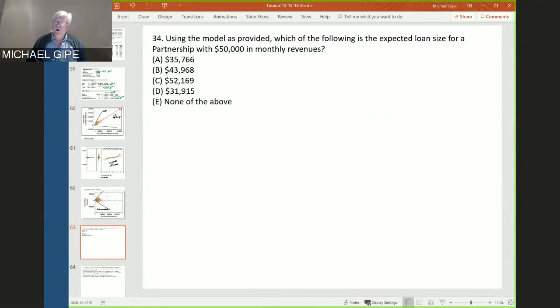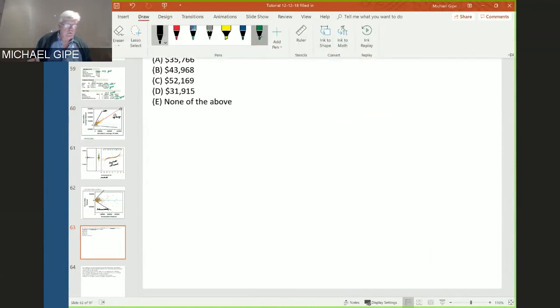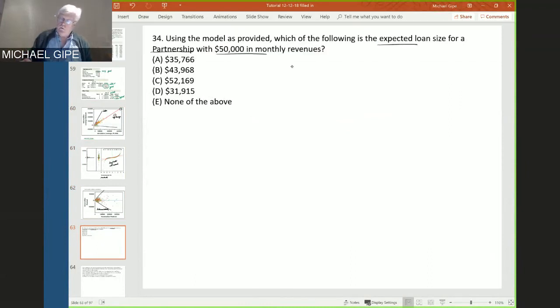Using the model as provided, which of the following is the expected loan size for a partnership with 50,000 in monthly revenues? So we know that the size, not sign, the size of the loan is a function of revenue and type.